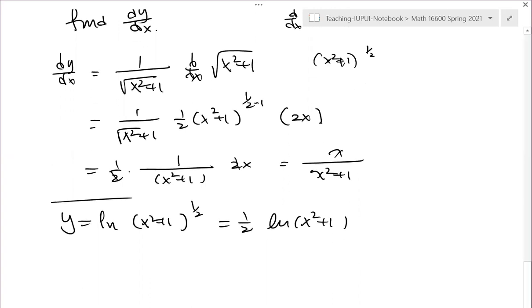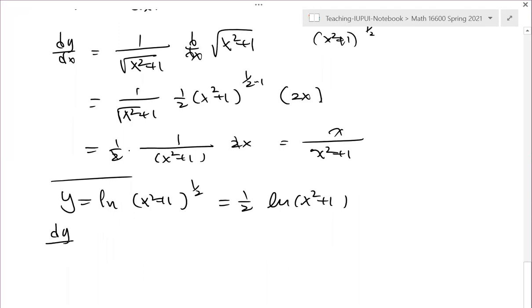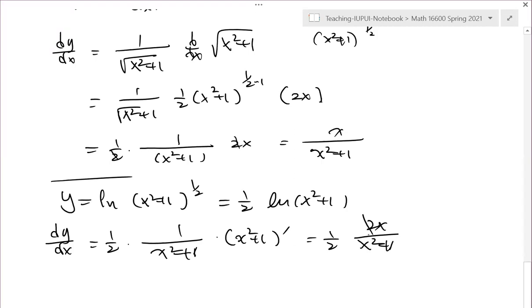Then if you differentiate, you apply the chain rule here, it's 1 over x squared plus 1, and then the derivative of x squared plus 1, which is 2x. So you get 1/2, and here's 2x. The 2 cancels out. You get the same answer, but it's much easier. So when you see a radical inside of a natural log, try to simplify first, before you find the derivative.